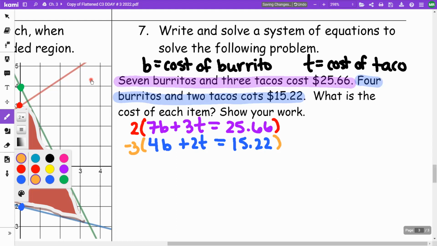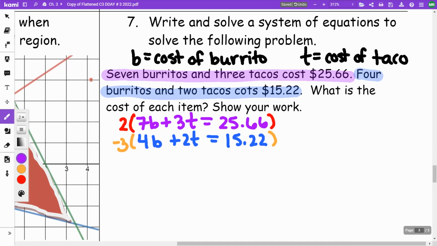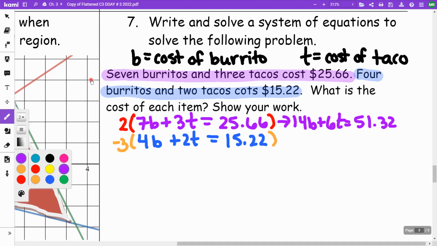So the top one, I am going to get 14b plus 6t is equal to 2566 times 2, which is 5132.